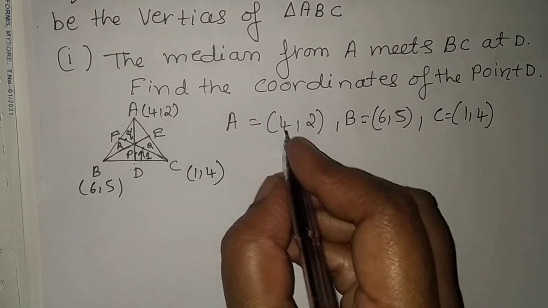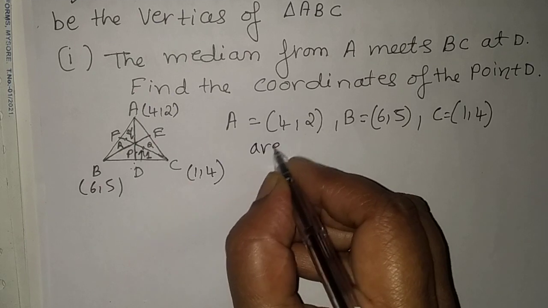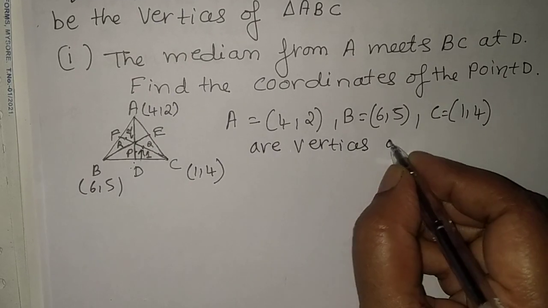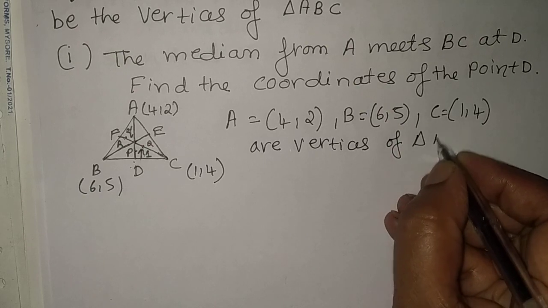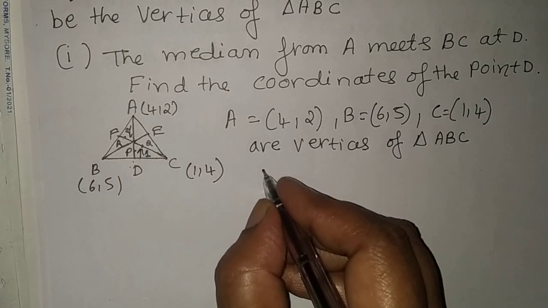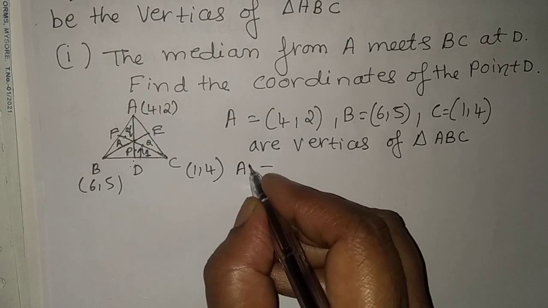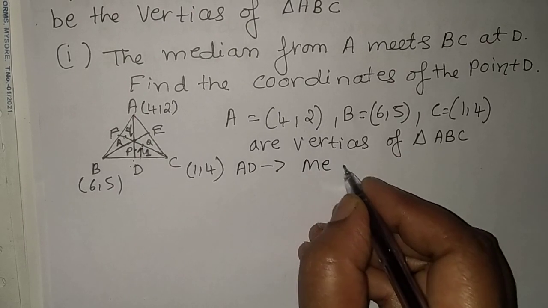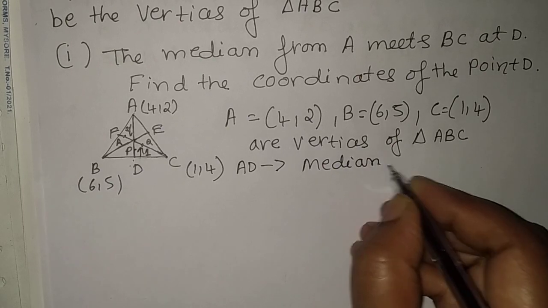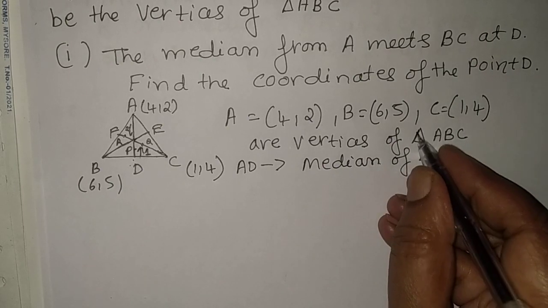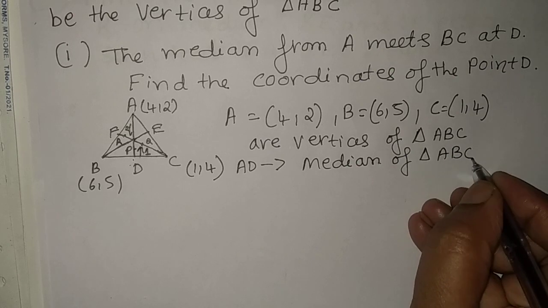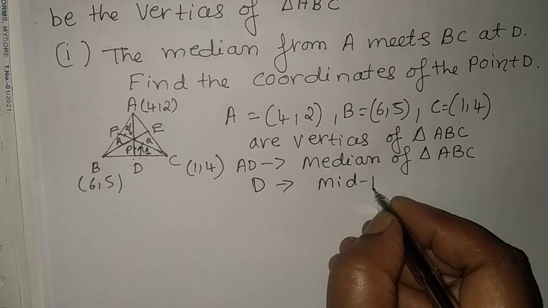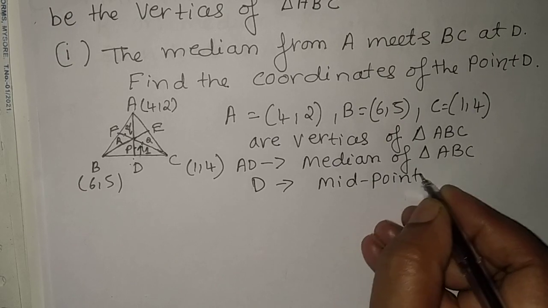Now these are the vertices of triangle ABC, and AD is the median of the triangle ABC. D is the midpoint of BC.